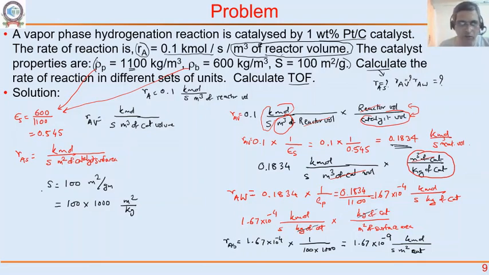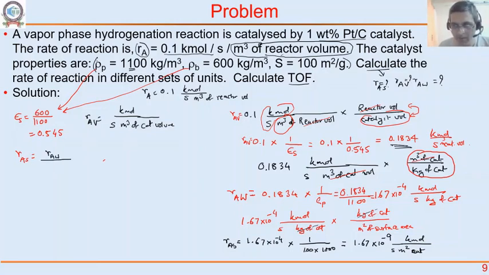Do you see that? So how have we got RAS? We have got RAS by using RAW, and we have divided by the surface area 100 meter square, but actually, because surface area is defined per gram and RAW we have defined per unit kg, I will have to take 1000 multiplied by S. So RAW would be 1000 into S into RAS, right?